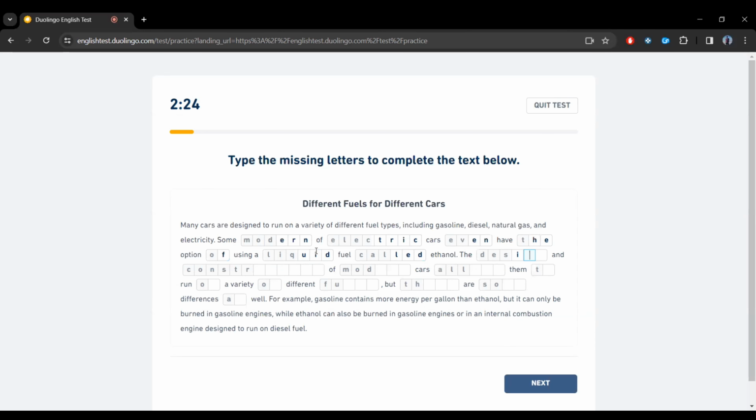The design and construction of modern cars allows them to run on a variety of fuels, but there are some differences as well. Okay, we're good.